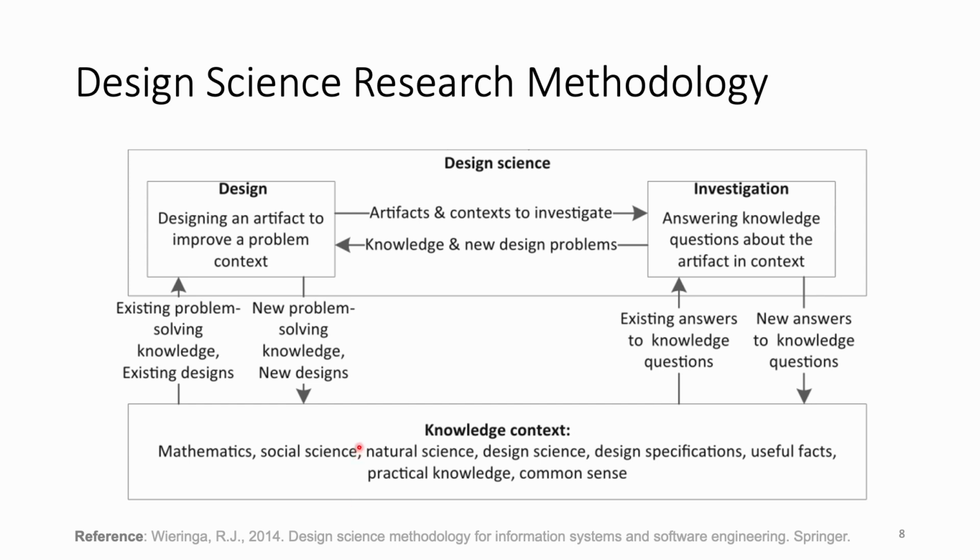How this works is that you start from the knowledge context here as a foundation. You want to understand if there is a specific problem in the domain that you are conducting research in. So you need to understand the knowledge out there, so you can read related papers, related research regarding that specific phenomenon, or the domain that you are interested in investigating.